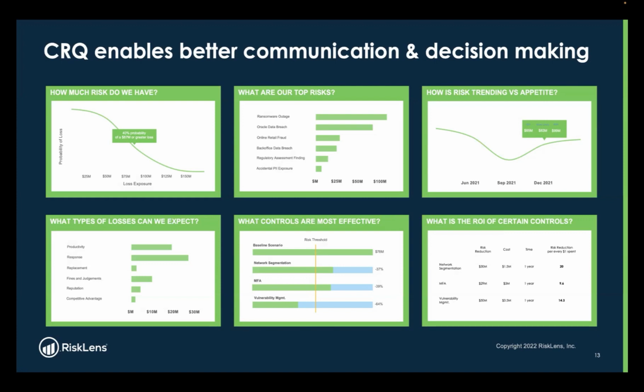So very simply, within the context of either a very discrete scenario or across a large business unit, for example, or product line, we'd be able to answer the question, how much risk exists within a particular domain of an organization? One step over would be, what are our top risks?